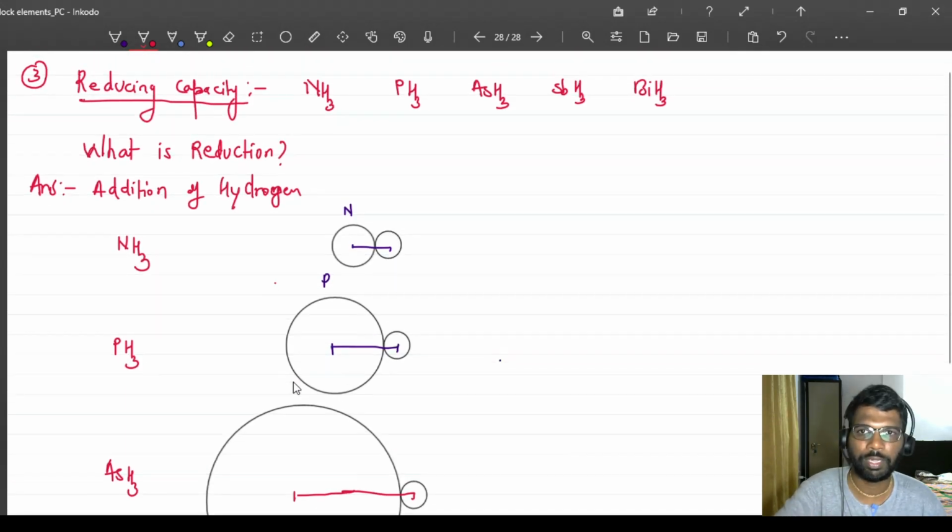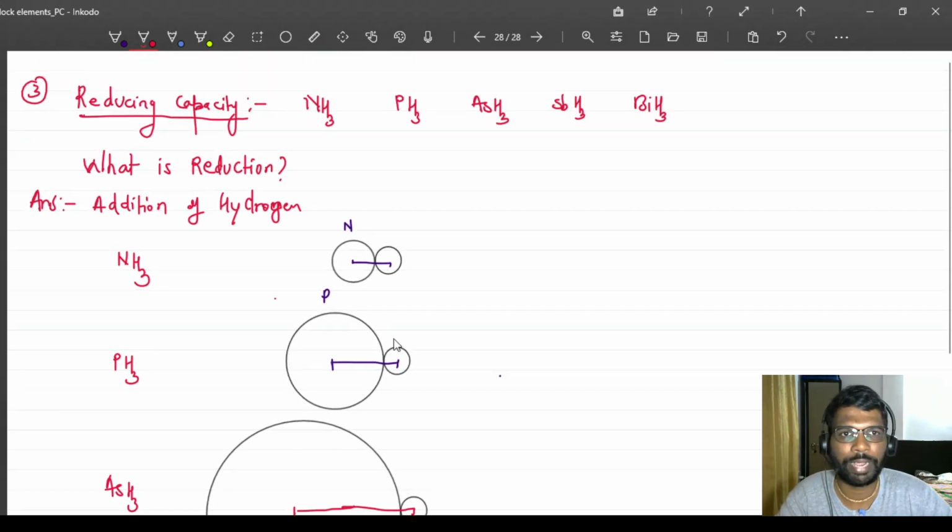Bismuth hydride will have the highest bond length. The higher the bond length, the weaker will be the bismuth-hydrogen bond.